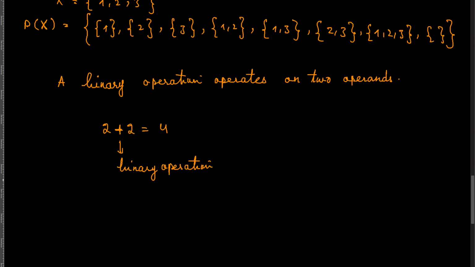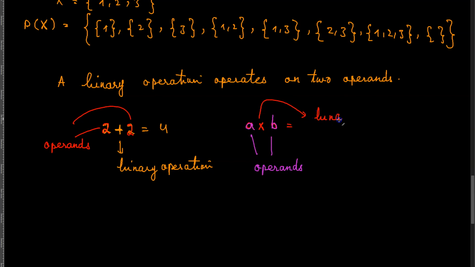The 2 operands that we have here are 2 and 2. Or when I write, for example, A times B, my operands here are A and B. And multiplication is again a binary operation.